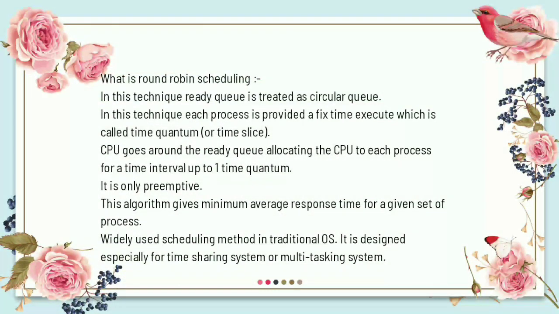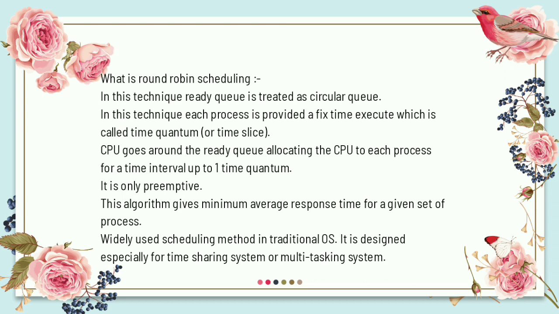What is round-robin scheduling? In this technique, the ready queue is treated as a circular queue. Each process is provided a fixed time to execute, which is called a quantum or time slice. The CPU goes around the ready queue allocating the CPU to each process for a time interval of up to one time quantum.